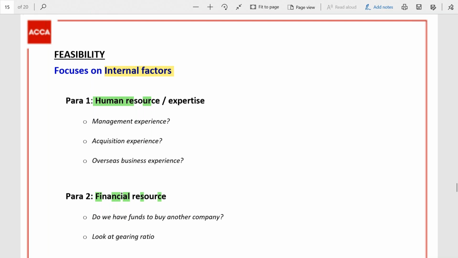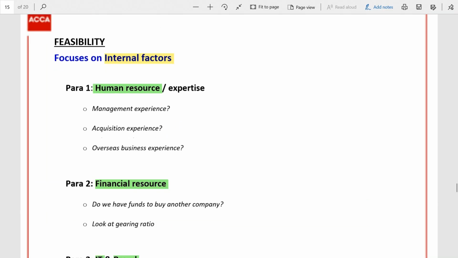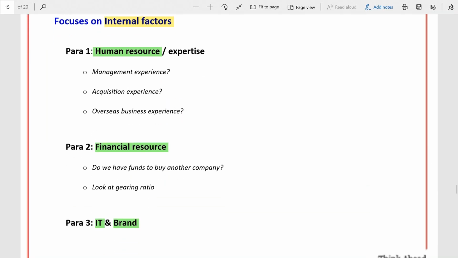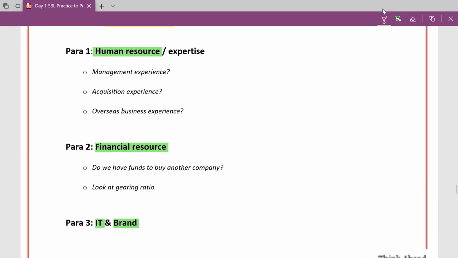I'm sorry, I'm not able to highlight properly. Remember? So when we talk about feasibility, now we are trying to acquire another company, right? Remember the question? We are trying to acquire another company. So under SFA, you look at these three things.